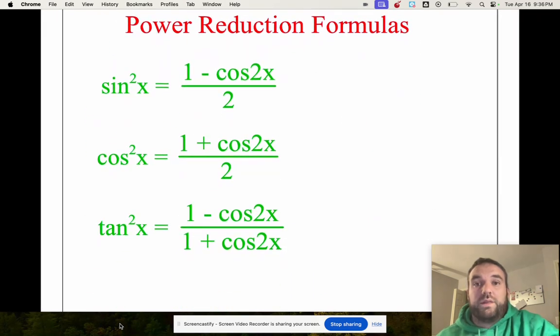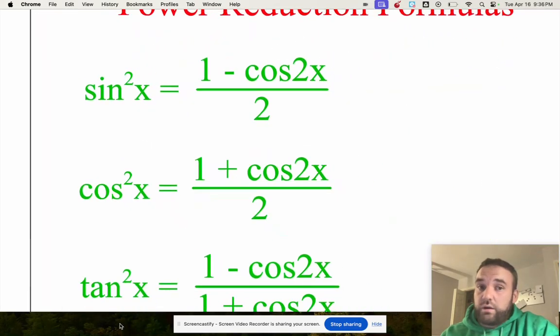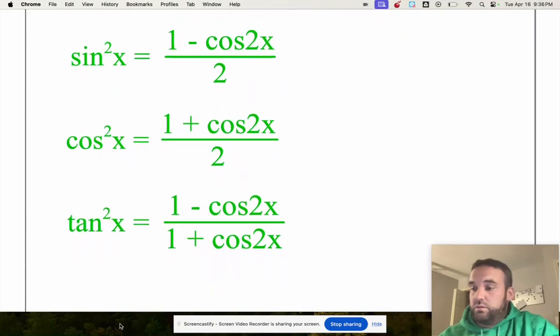Okay. The power reduction allows us to go from a sine squared down to cosine of simply just 2x. What that will allow us to do is, sometimes solving an equation with a square in it can be a little bit trickier. And so sometimes it is convenient to break down sine squared into the quantity 1 minus cosine of 2x all over 2.